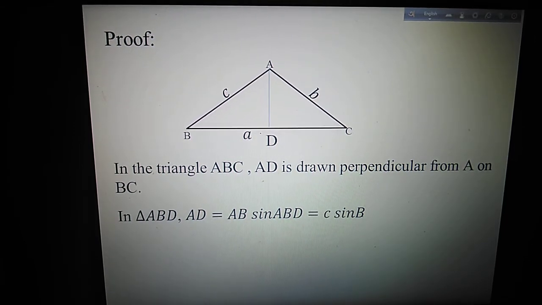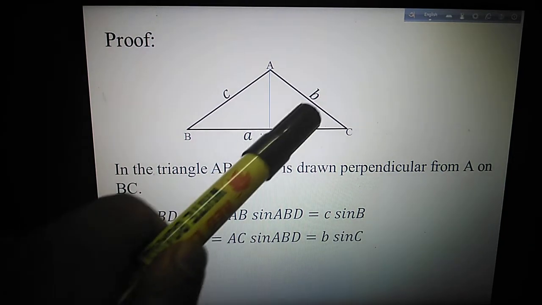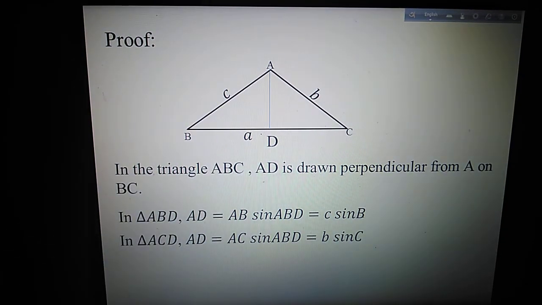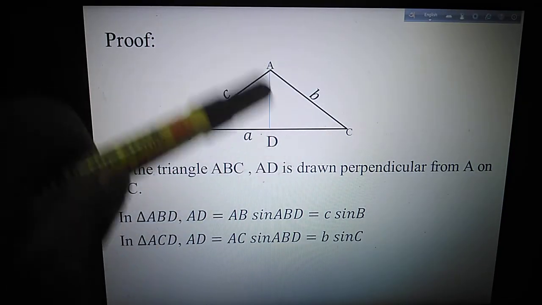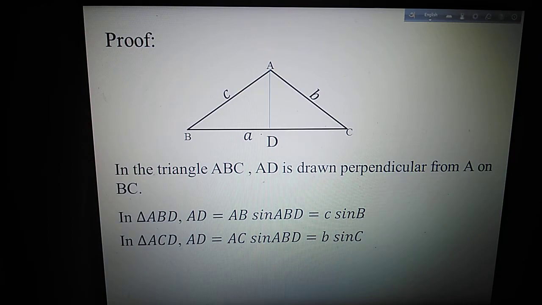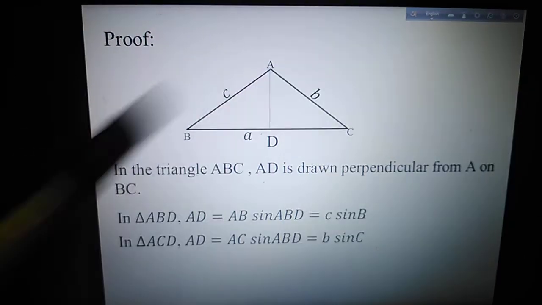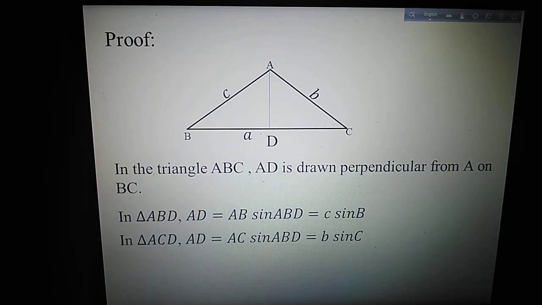So AD equals c sine B. Similarly in triangle ACD, we can write AD equals AC sine ACD, because AD by AC is sine theta. Instead of AC we can write b. It is b sine C.